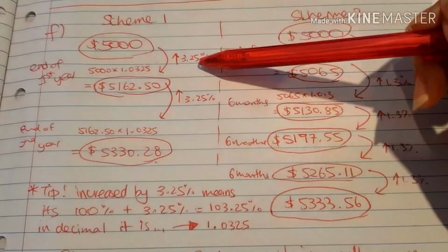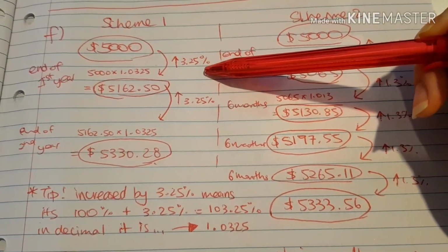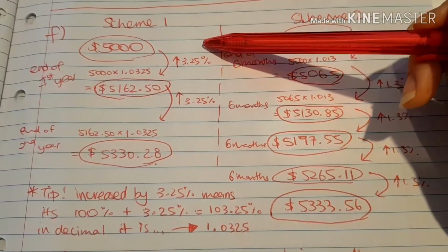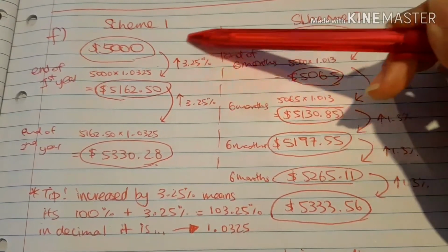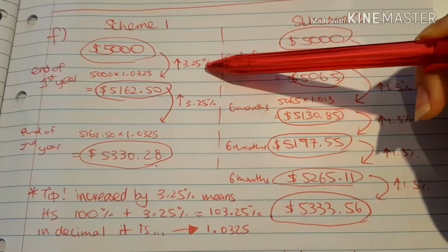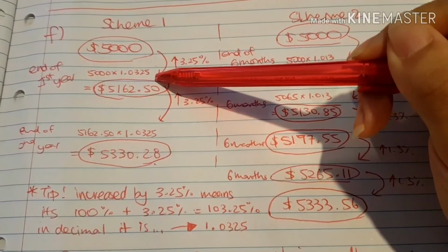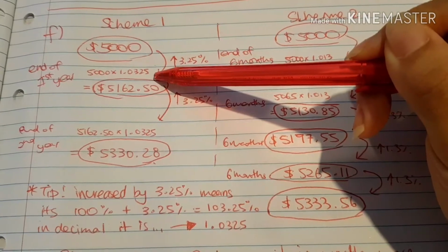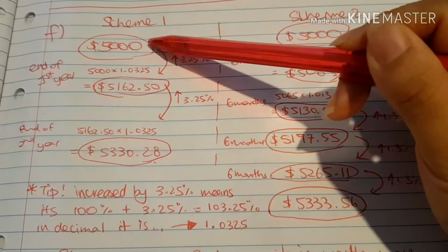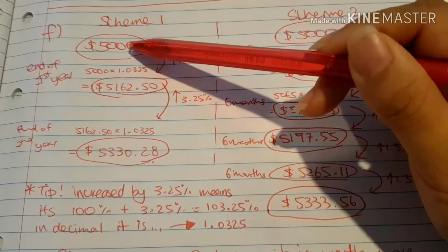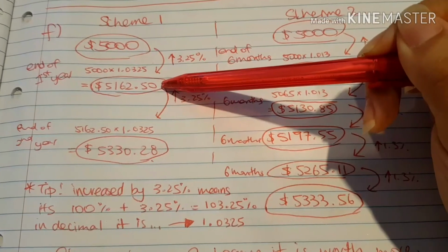So it's going up by 3.25%, which is 100% plus 3.25%, so in total it's going up by 103.25%, which in decimal is 1.0325. At the end of the year, I will get 5,000 times that, which will be this much.